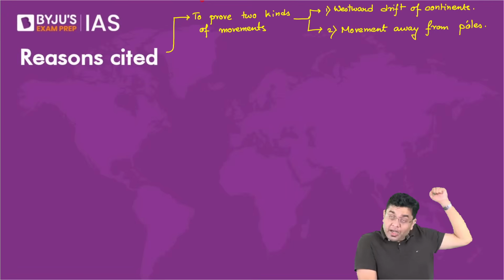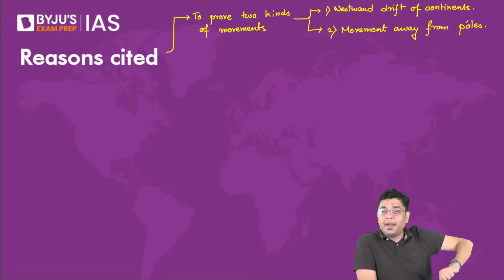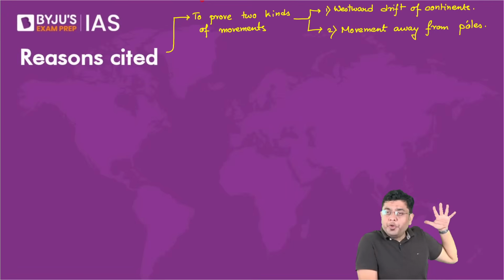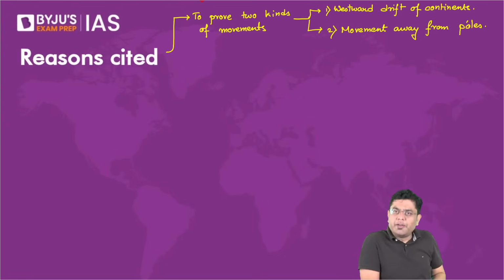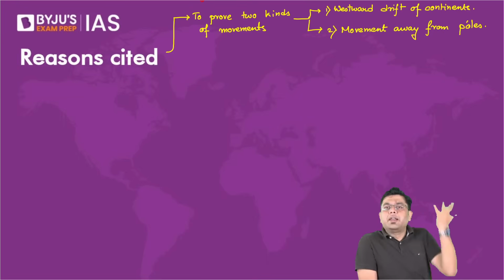Try your level best to sink that piece with your hand. You remove your hand, immediately it comes to the top again. I'm sure you would have observed that. Try it with a mug as well. Anything that you try will come back up. So, what is that force which pushes things up to float on that fluid? That is basically the force of buoyancy. So, the force of buoyancy is that force which keeps things afloat.